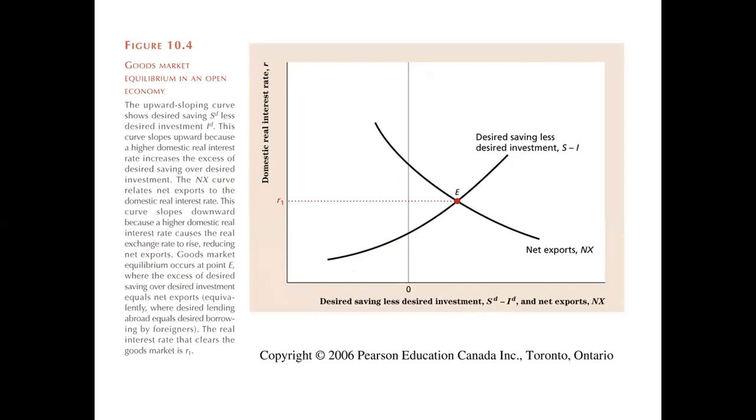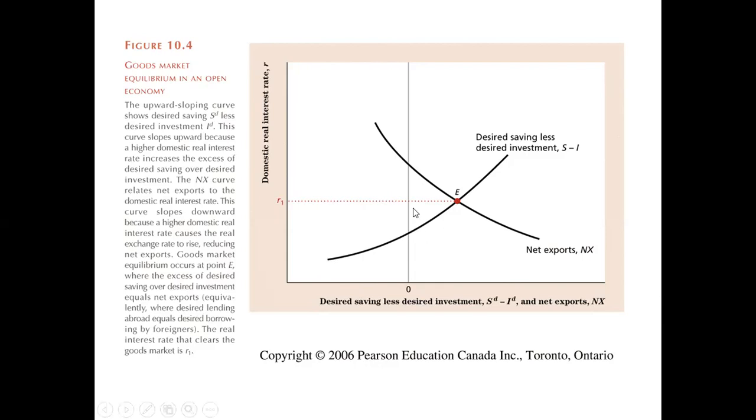So that's with respect to our desired values. D stands for desired savings, desired investment. And then NX stands for net exports. These are on our x-axis. On the y-axis, we have the domestic real interest rate denoted by r.